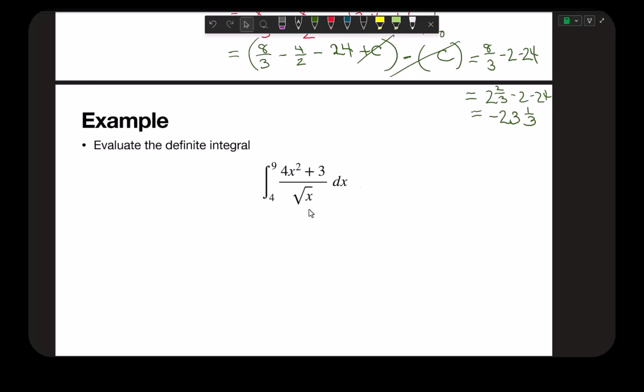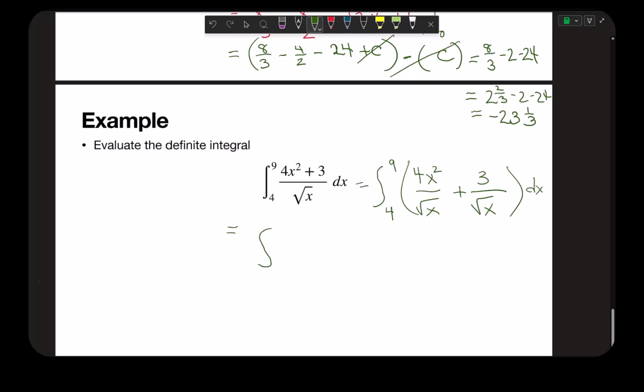I can say this is equal to the integral from 4 to 9, and I'm going to separate this first into two separate fractions. We have the integral from 4 to 9 of 4x squared over x to the 1/2 power dx plus the integral from 4 to 9 of 3 over x to the 1/2 power dx.